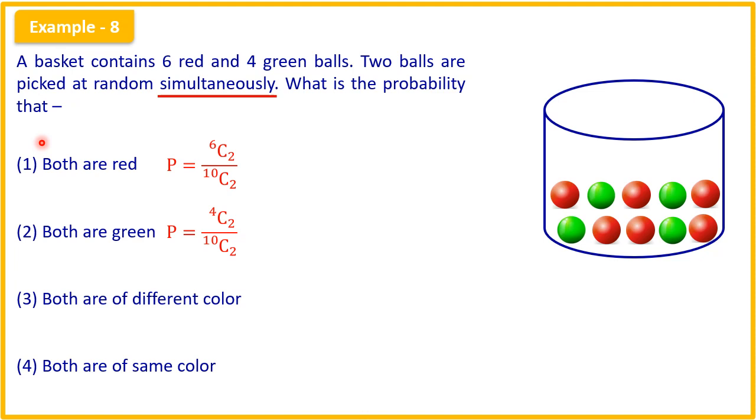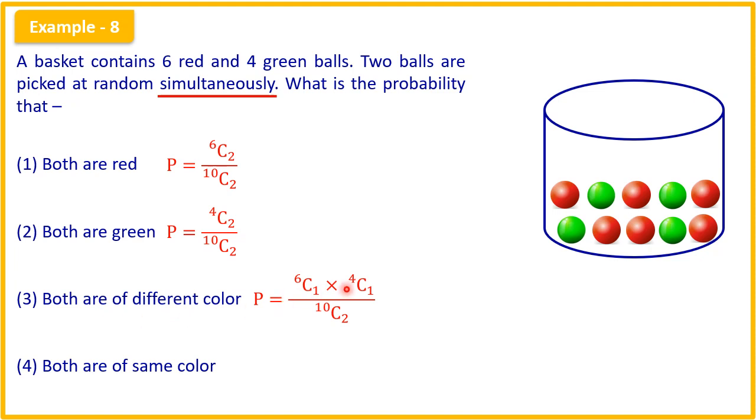Number 3, what is the probability that both are of different color? Means here I want one ball red and other ball green. So this is equal to 6C1 into 4C1. Out of 6 red ball, I want any one red ball, and out of 4 green balls, I want any one green ball.